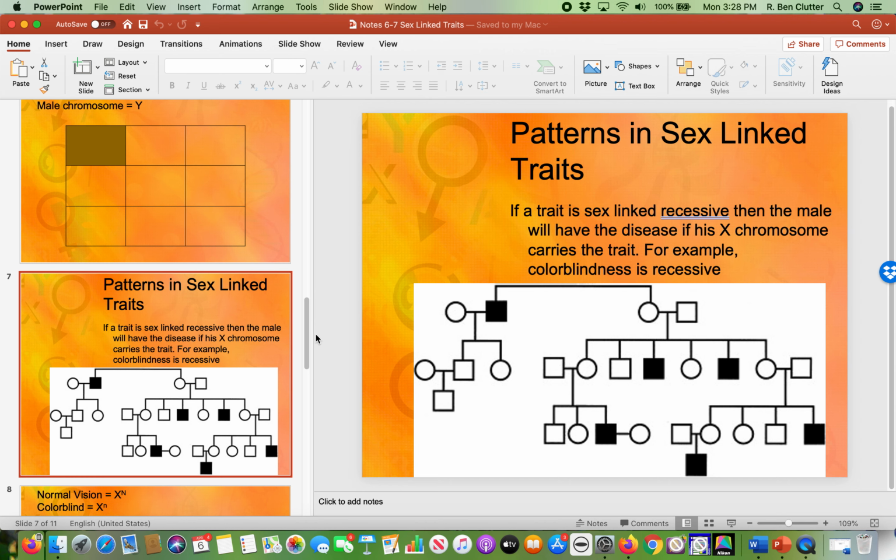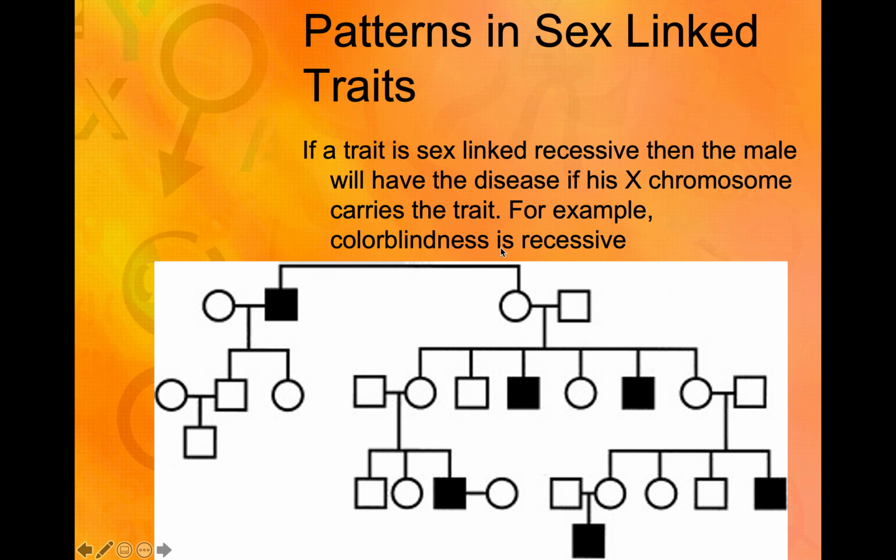Okay, I am back. So if a trait is sex-linked recessive, then a male will have the disease if the X chromosome carries the trait. For example, color blindness is recessive. So looking at what we just did here, let me get the pen here.